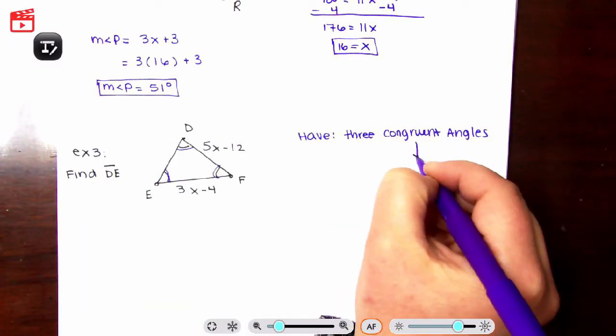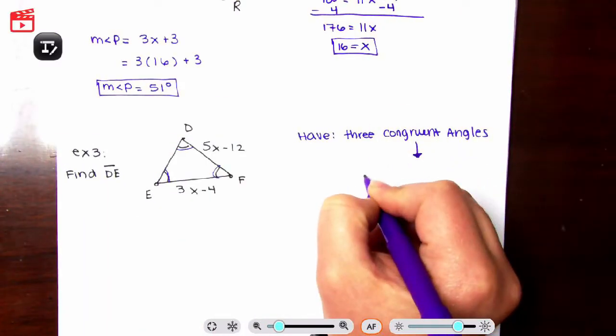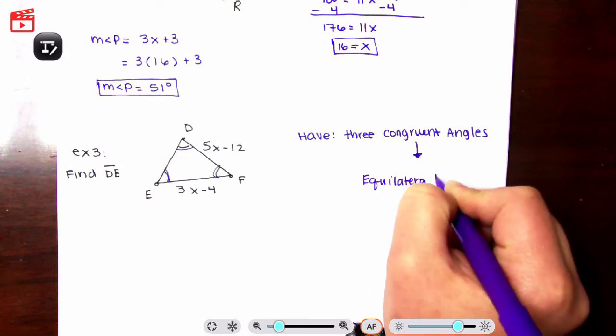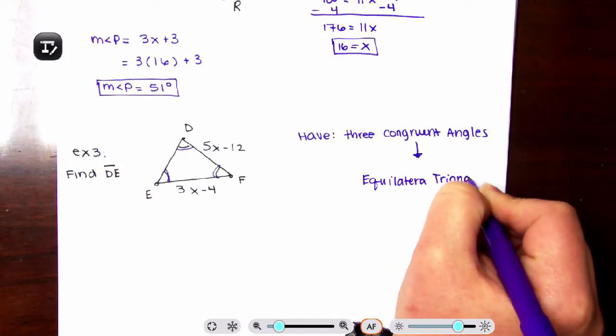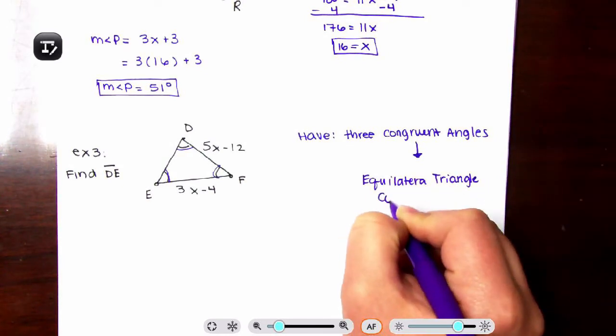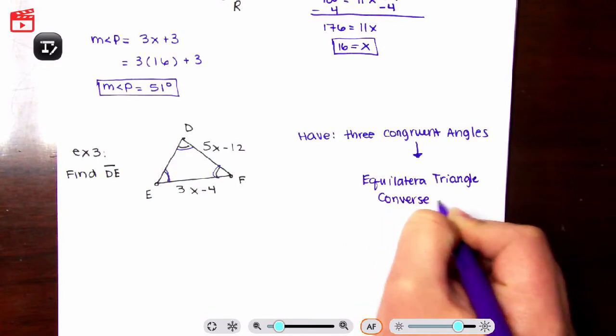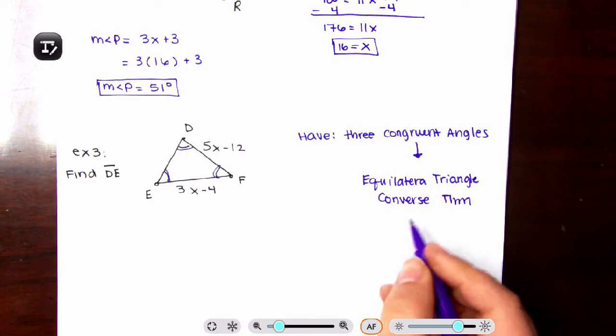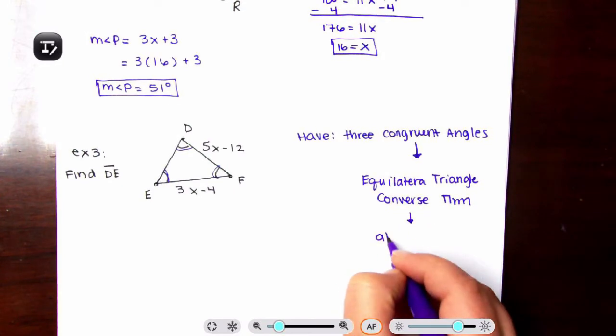So if we have 3 congruent angles, this theorem is called the equilateral triangle converse theorem. And what does that mean? That means if we have congruent angles, we have all sides that are the same.